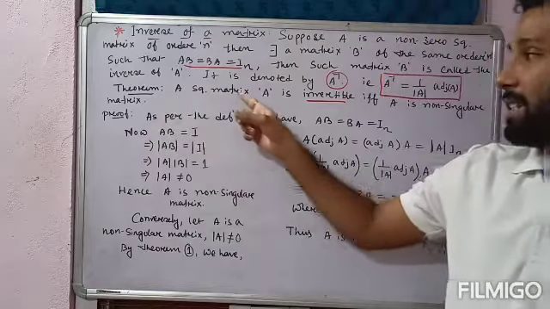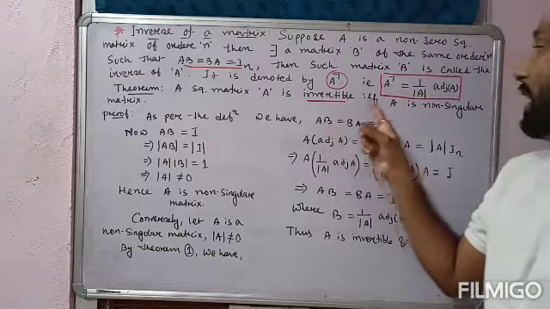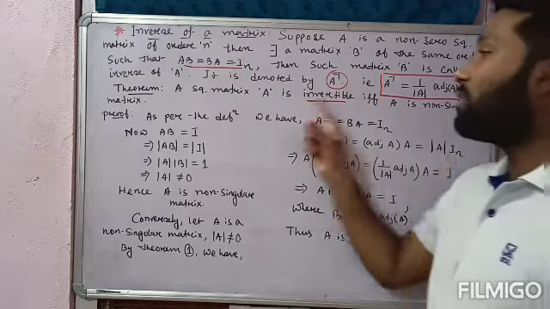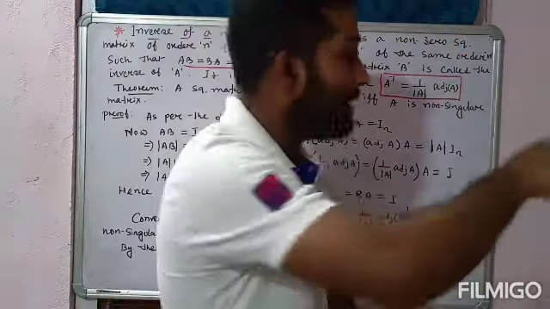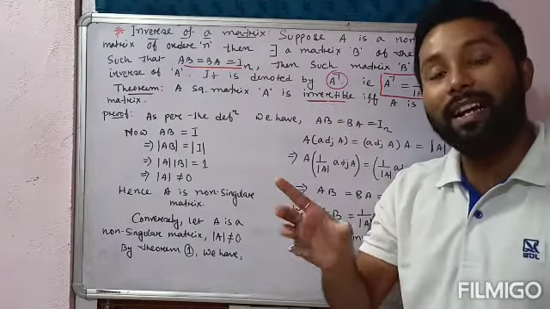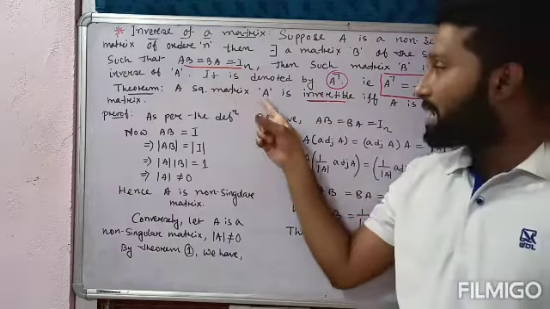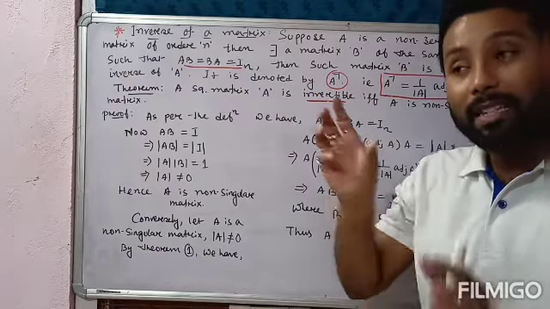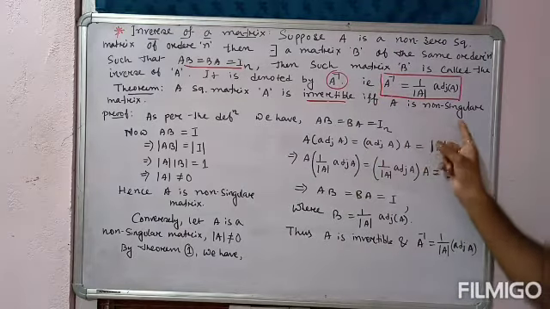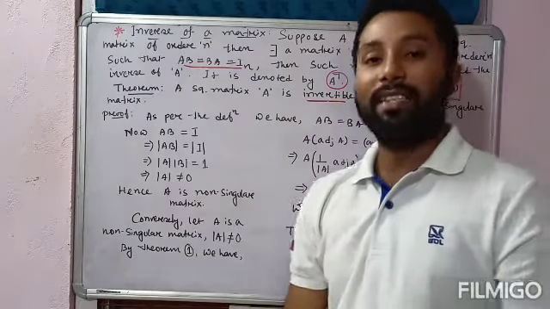If and only if, IFF means if and only if, A is a non-singular matrix. Okay, when will it be invertible? Invertible means when will the inverse exist? If the matrix is non-singular. That is the theorem: a square matrix A is invertible, meaning inverse will exist, if and only if A is a non-singular matrix. If the matrix is non-singular, then only inverse exists, otherwise not.